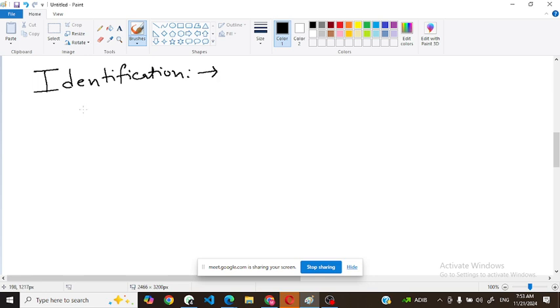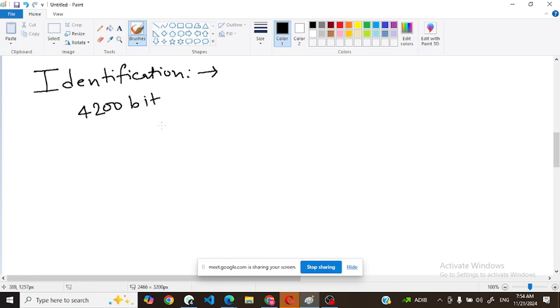Suppose we have data of 4200 bits, and we have to send it.